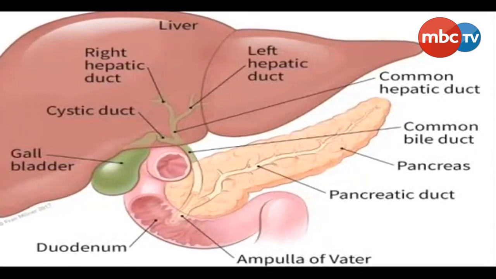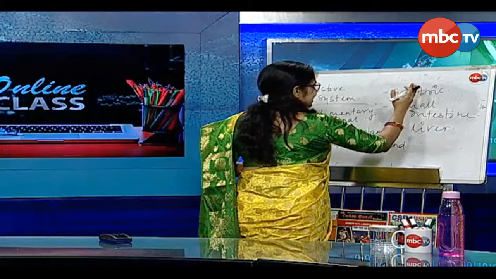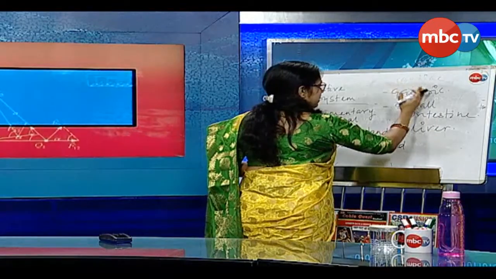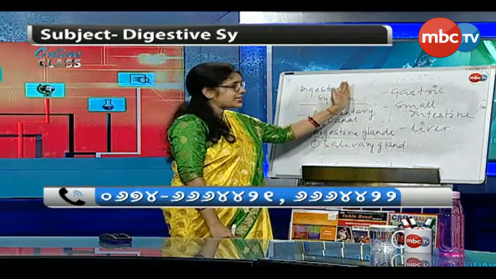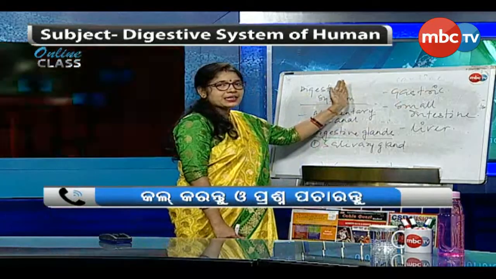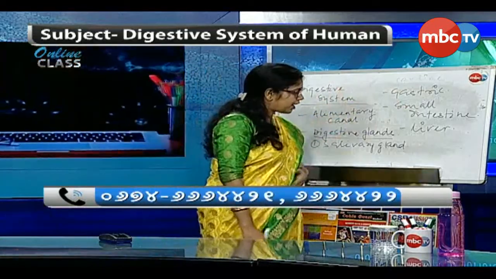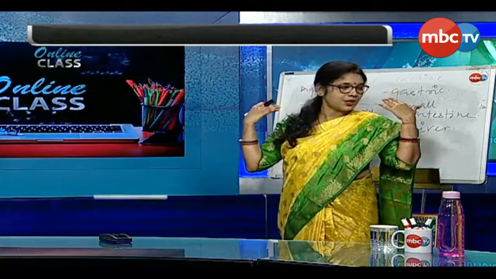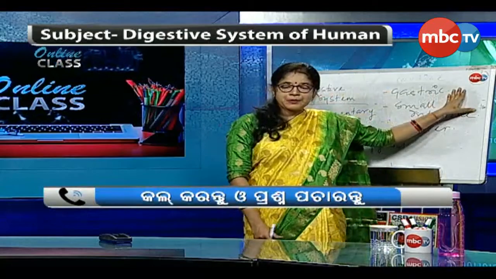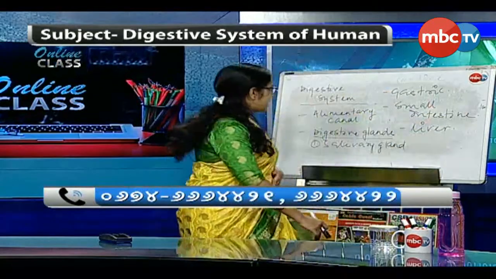So, the part of the liver on this side will be the left part, and the part on the other side will be the right part, because if we stand in this position, this is our left part and this is our right part.